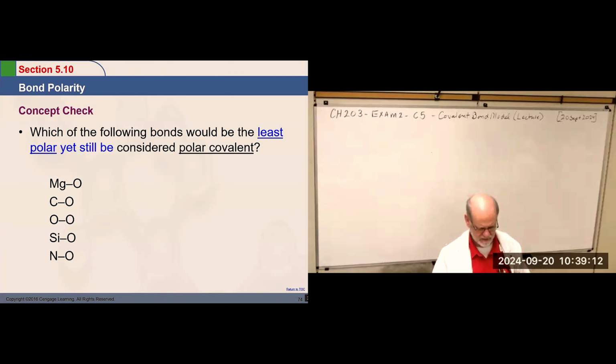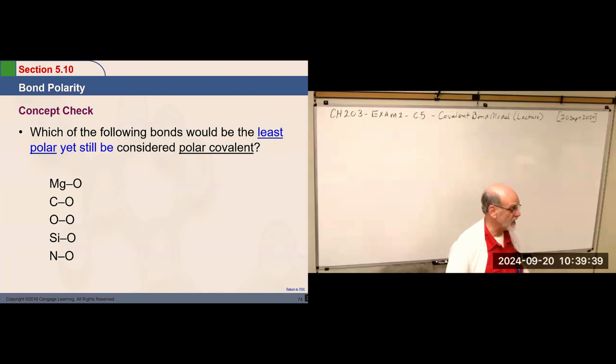All right. Which of the following bonds would be the least polar yet still be considered polar covalent? Okay, have to be covalent. So that means we would eliminate the metals and the nonmetals. Right? Magnesium and oxygen are out. Silicon is pretty close, so it would be more polar than any of the others.